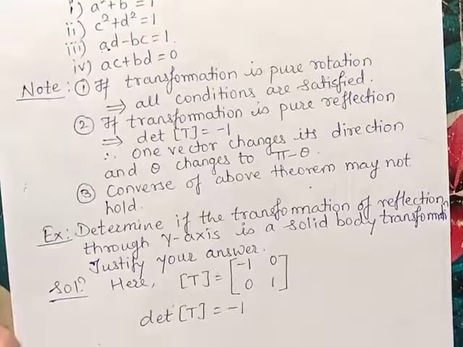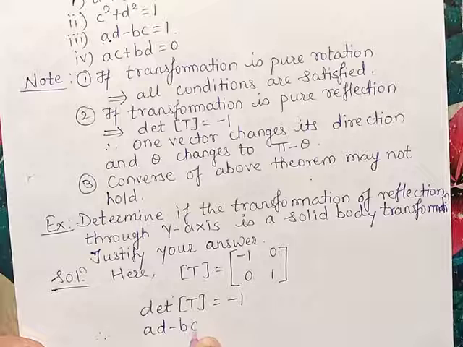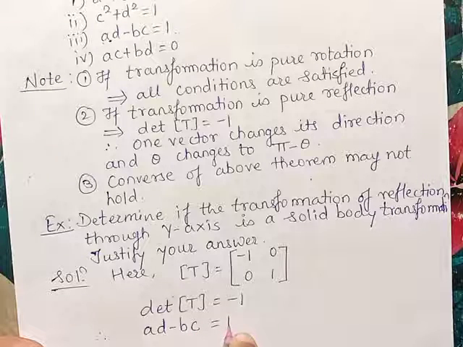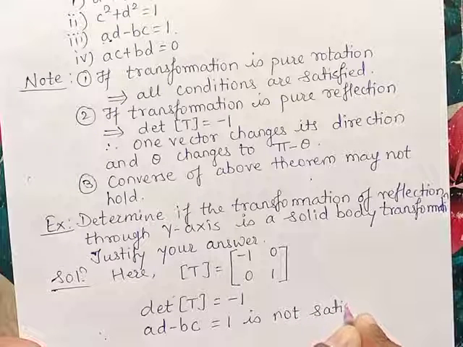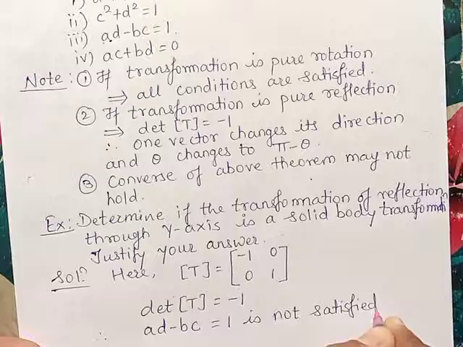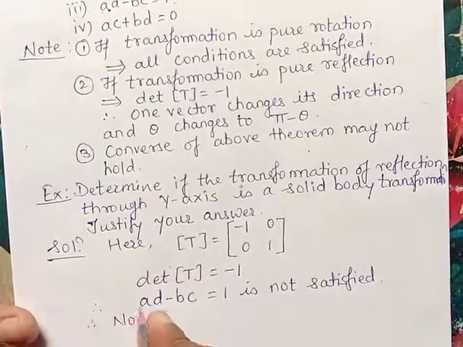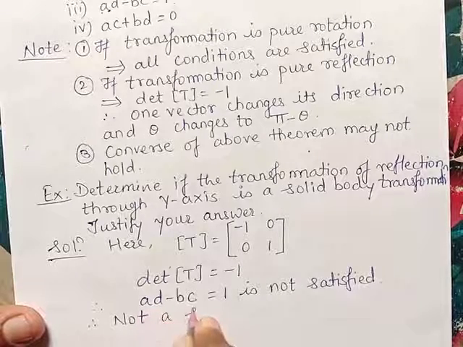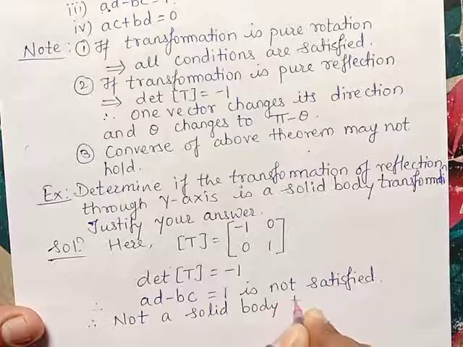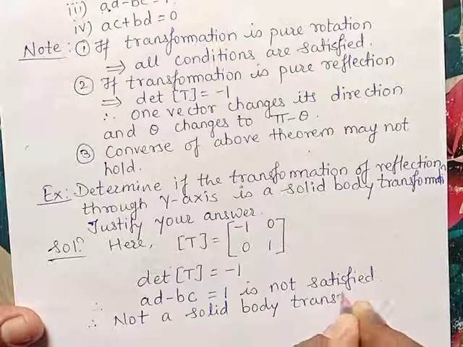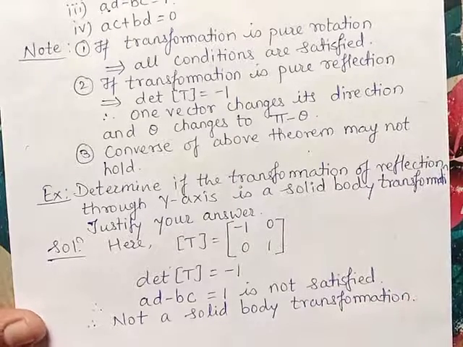Therefore, the condition ad minus bc equal to 1 is not satisfied, right? Therefore it is not a solid body transformation. Right?